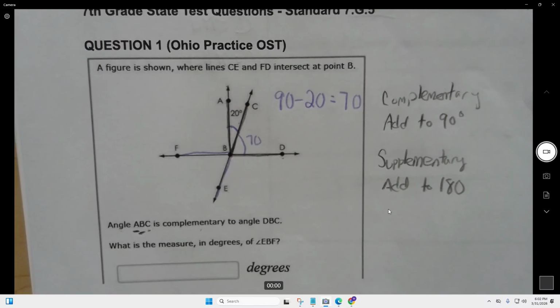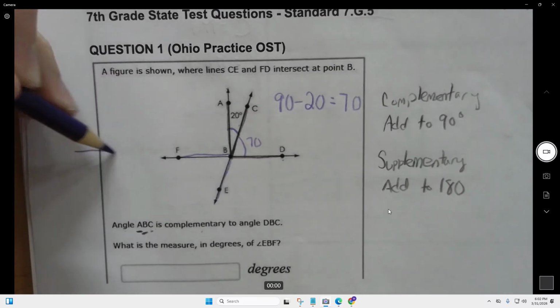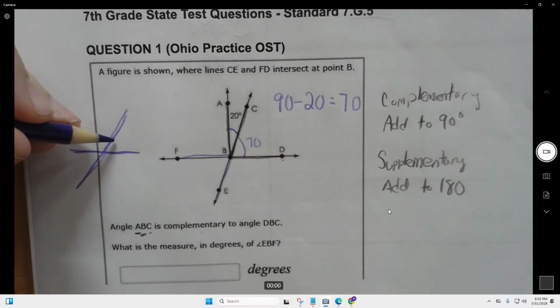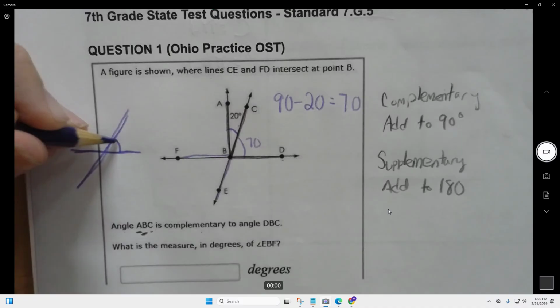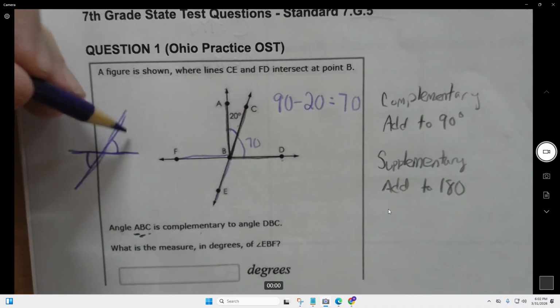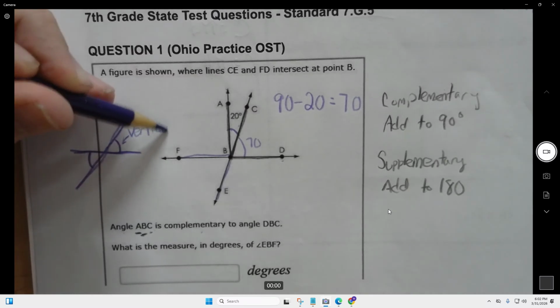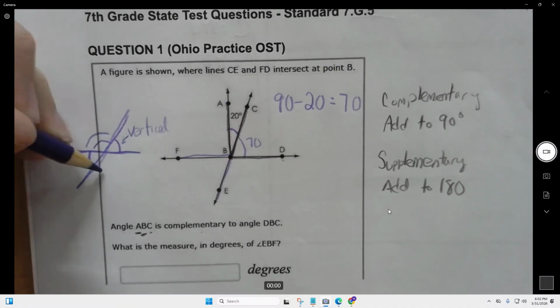And here's where you have to look at something. If you have a line like this, there are relationships between these lines. One of the relationships is between these two. These are what's called vertical angles. These would also be vertical angles.